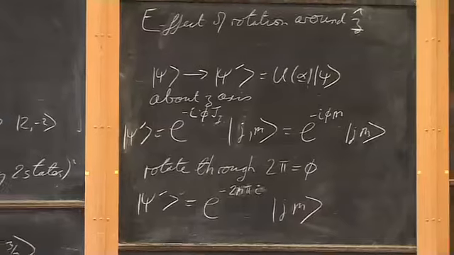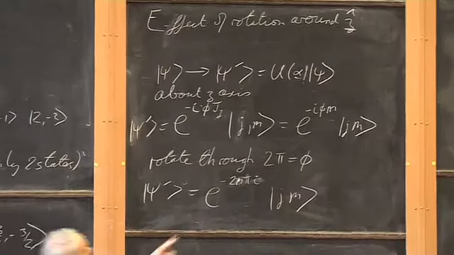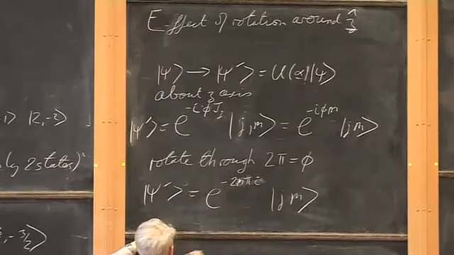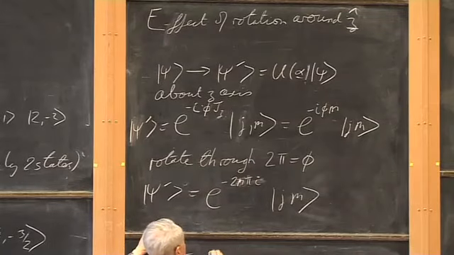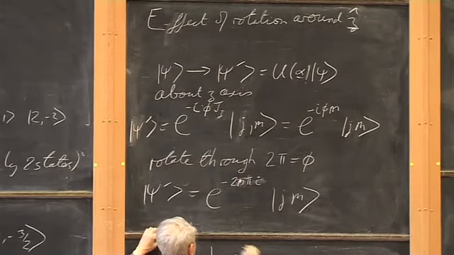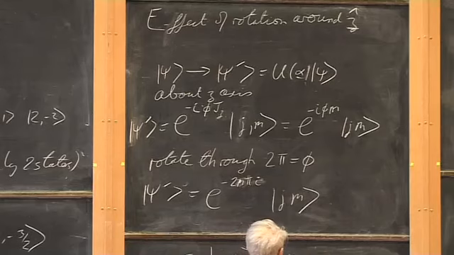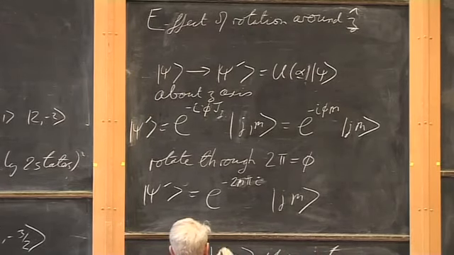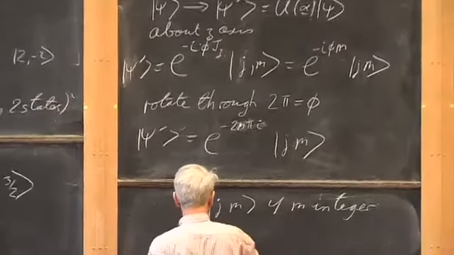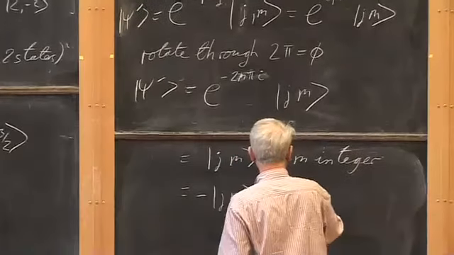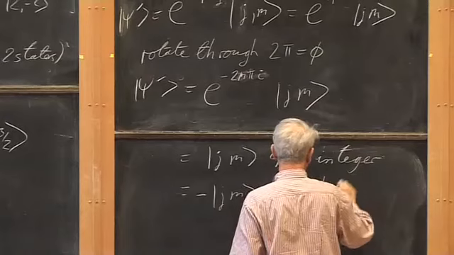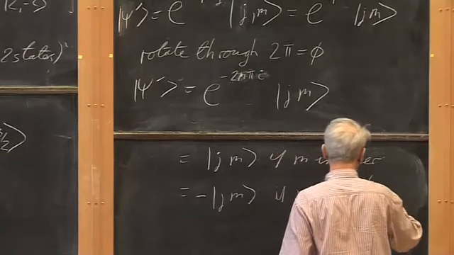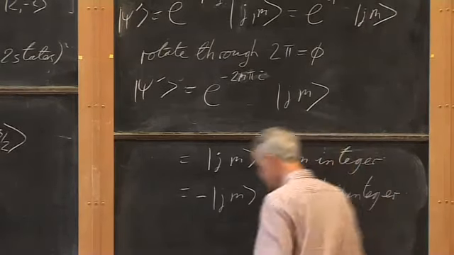If m is an integer, then this is going to be the number 1, so this is equal to jm if m is an integer, but it's equal to minus jm if m is a half integer, as we know it can be.